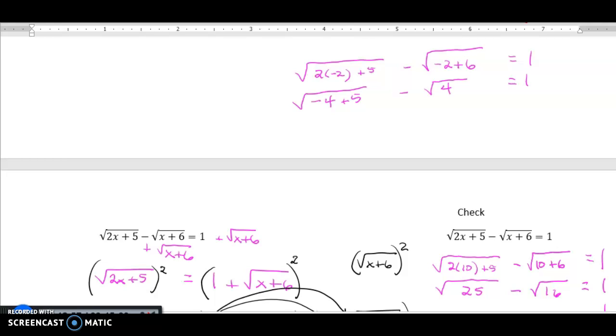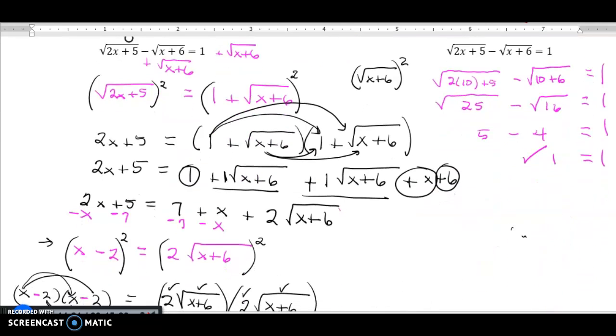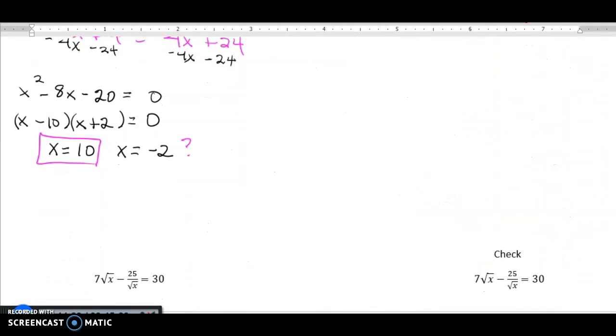We'll see if it equals 1. Negative 4 plus 5 is 1 minus the square root of 4. The square root of 1 is 1 minus the square root of 4 is 2. 1 minus 2 is negative 1. Negative 1 does not equal positive 1. So that means that negative 2 is extraneous.